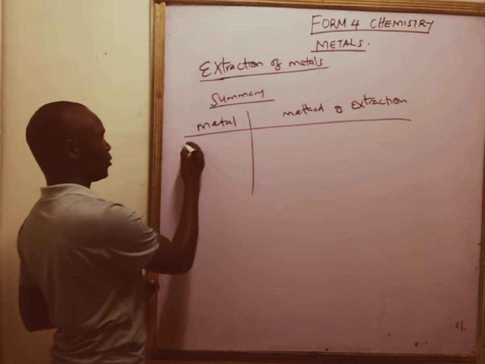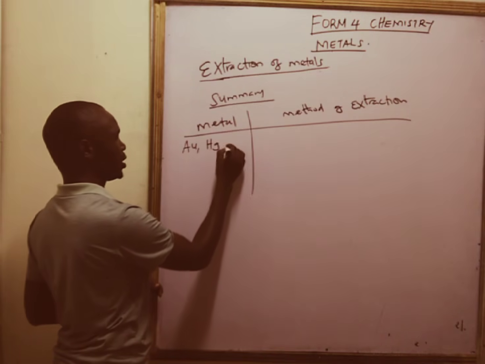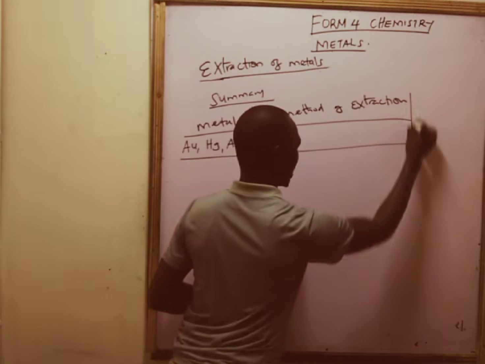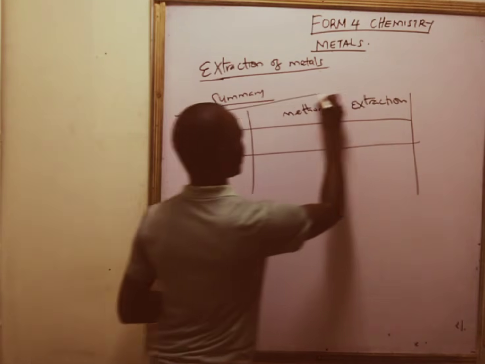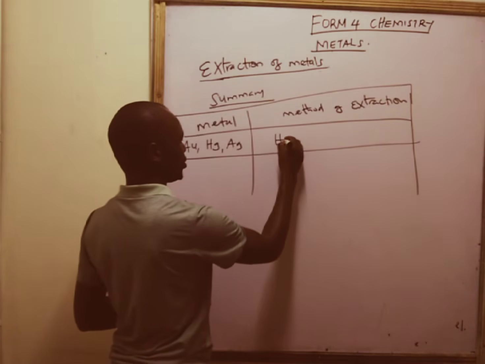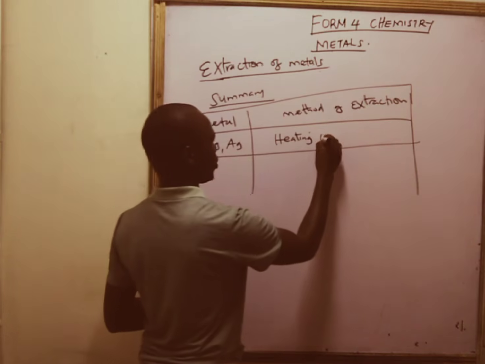We have talked about metals like gold, mercury, silver. Those elements which are lower in the reactivity series, we call them the least reactive elements. These elements are extracted using heating of their ores.